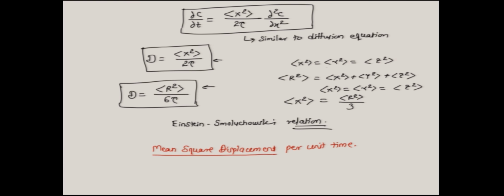Mean square displacement of an average atom per unit time. That is the diffusivity, and that is the physical significance of diffusivity, which was established by this Einstein-Smoluchowski relation.